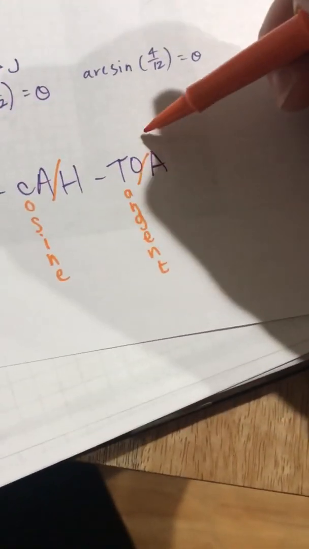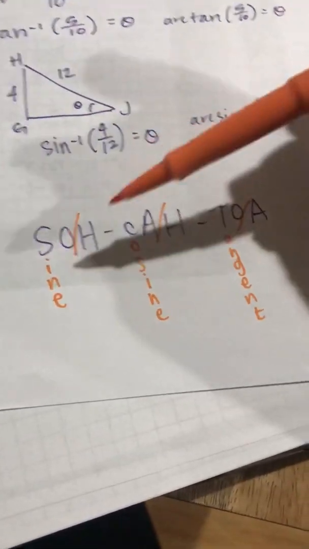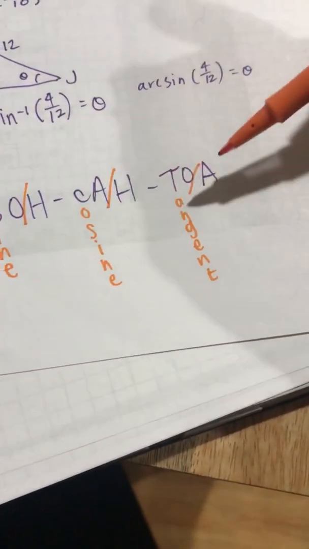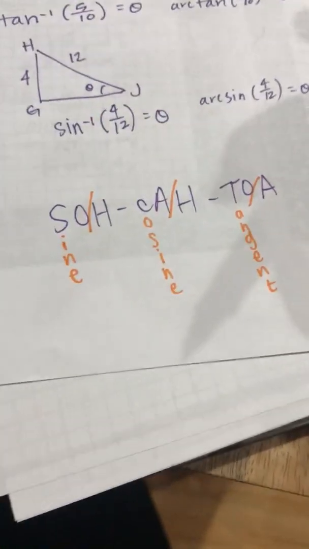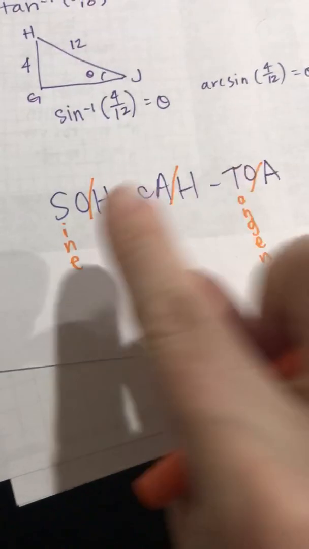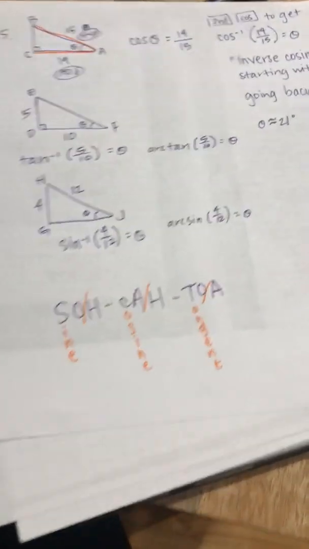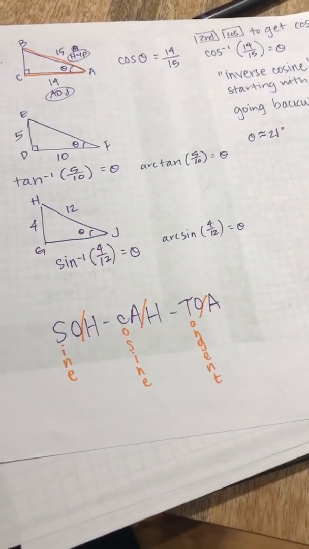Tangent uses opposite over adjacent. So it just tells you which trig function, which side lengths, and what order. It's numerator over denominator, numerator over denominator, numerator over denominator. Now you know what SOHCAHTOA is and how to use it. This is SOHCAHTOA for which side lengths to use. Up here was talking about inverse sine, inverse cosine, and inverse tangent when you know the side lengths but wish you knew the angle.